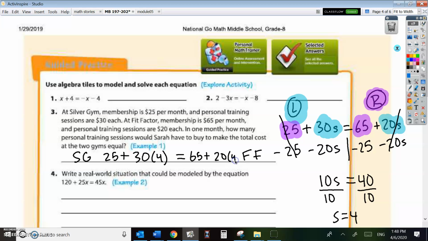And s was 4. So 25 plus 120, does that equal 65 plus 80? It looks like they'll both be 145. So how many personal training sessions would Sarah have to buy to make the total cost of the 2 gyms equal? 4 sessions.